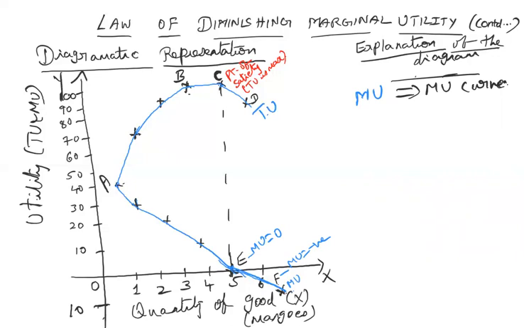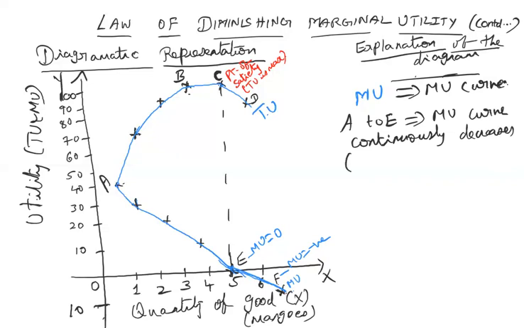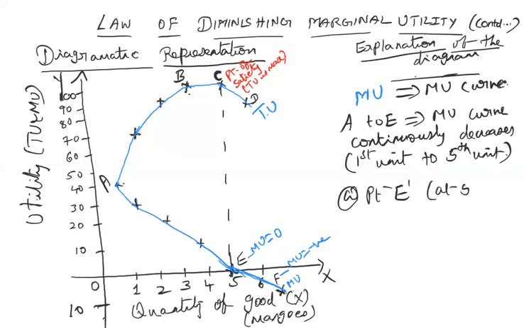Now what is happening here? A to E. This point is E. From A to E, the marginal utility curve continuously declines, continuously decreases. That is from the first unit to the fifth unit, the marginal utility continuously decreases. At point E, that is at the fifth unit, the marginal utility becomes equal to 0.